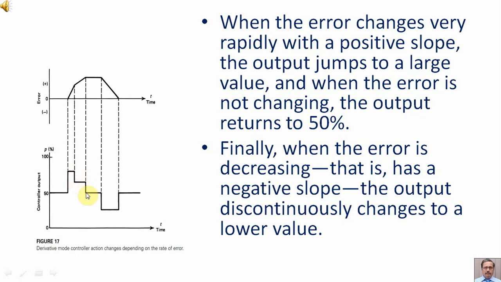Then the rate is constant, so the output is again at 50%, and when the rate is negative, the output goes to a value that is less than 50%. And again, when the error is 0, the output is at 50%.